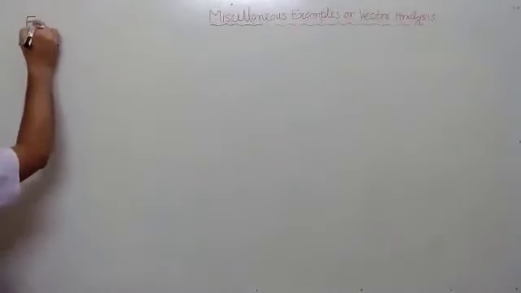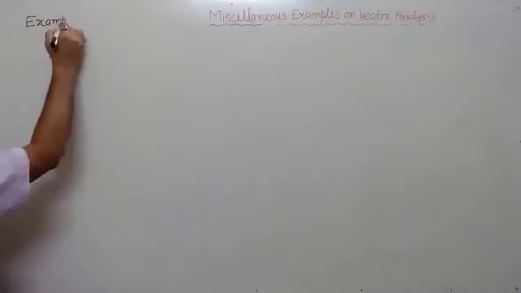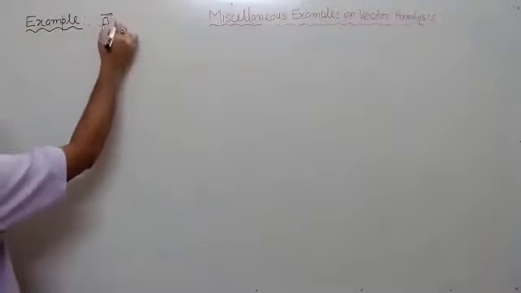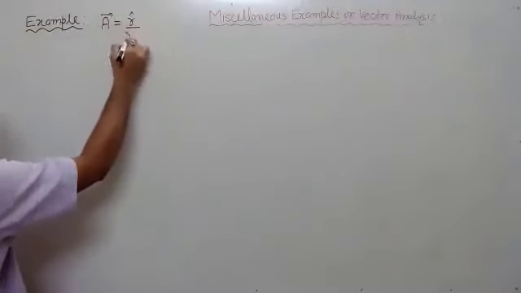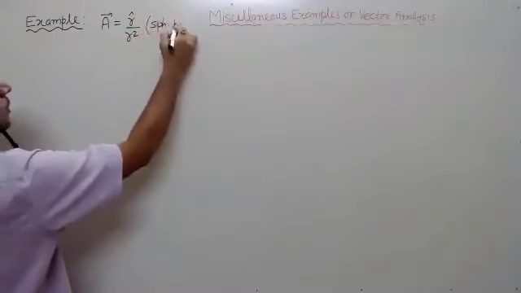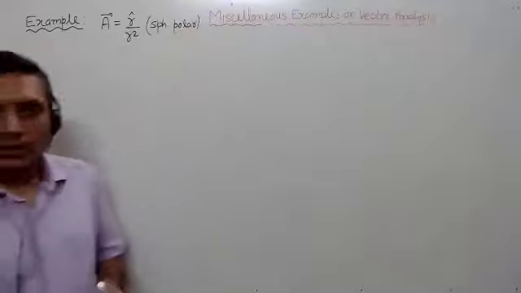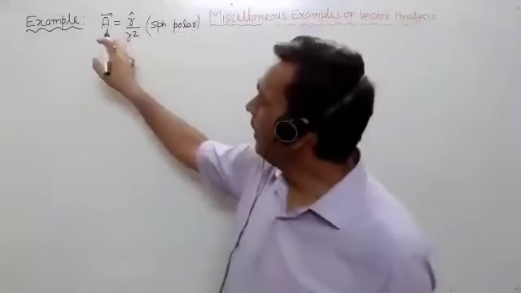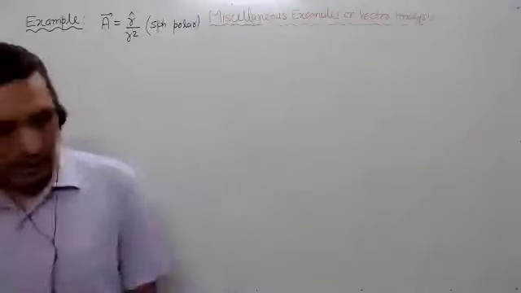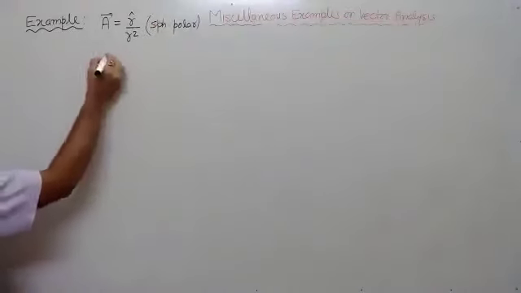So let us see some other examples. Again, these are the special case. So example number 1. Vector A is given in spherical polar coordinate, that is r cap by r square, and you have a spherical volume.